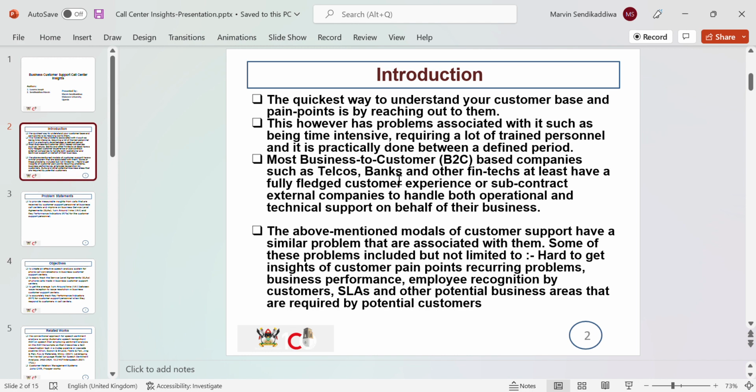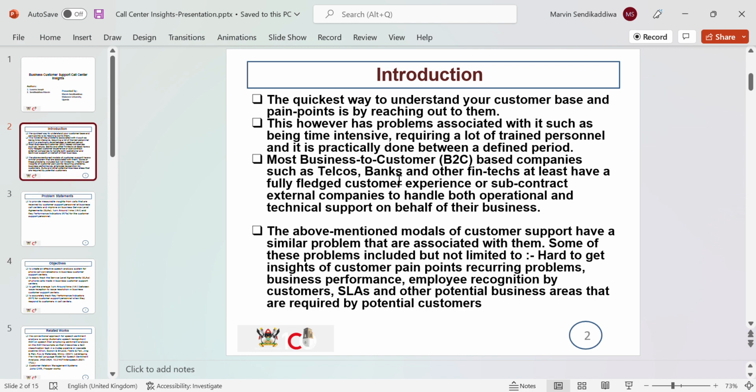So we have come up with a more refined approach by utilizing one of the company resources, that is the customer support department, specifically the team that handles calls from the different customers. This project is suitable for B2C based companies where there is a lot of interaction with customers.